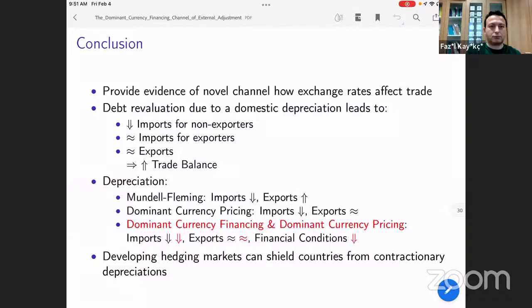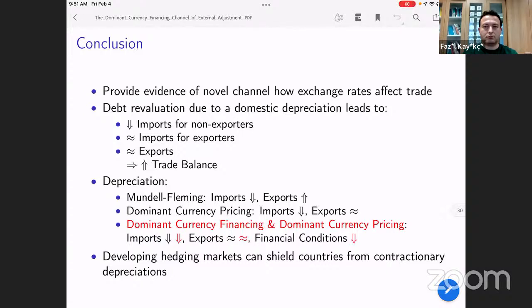So when we compare different theories with each other, we of course know that when there's a depreciation under the Mundell-Fleming model, we see that there's a decrease in imports and an increase in exports. Under dominant currency pricing, under the DCP theory, because firms price in US dollars, there is of course also the decrease in the import, but because exports are priced in US dollars, export quantities actually stay the same.